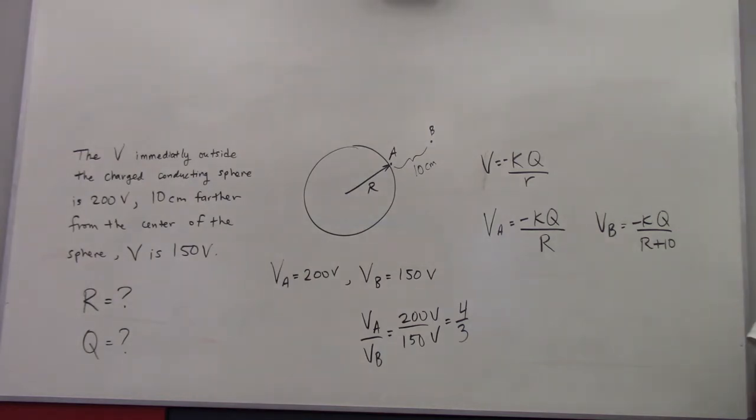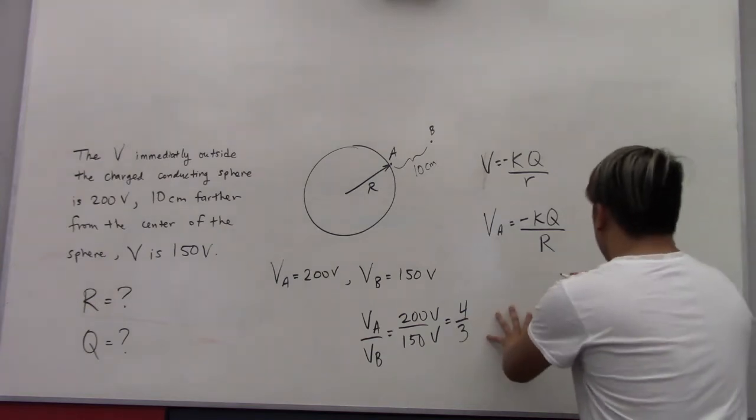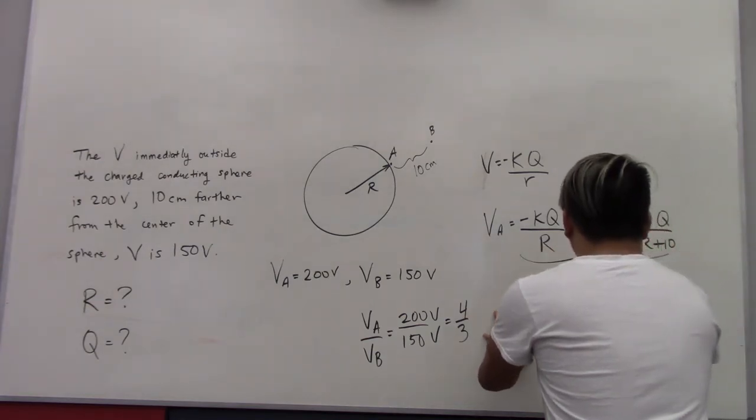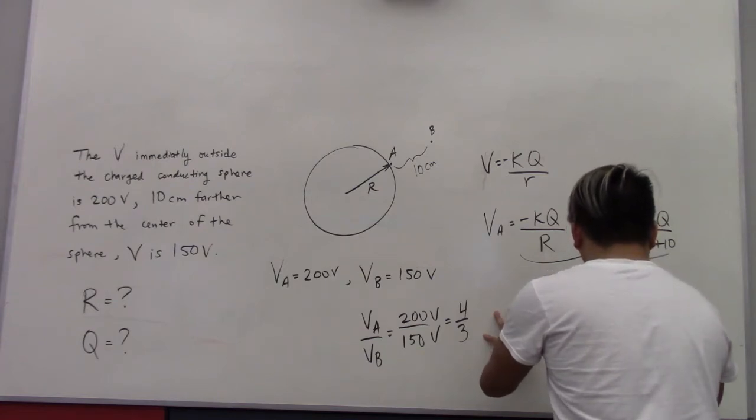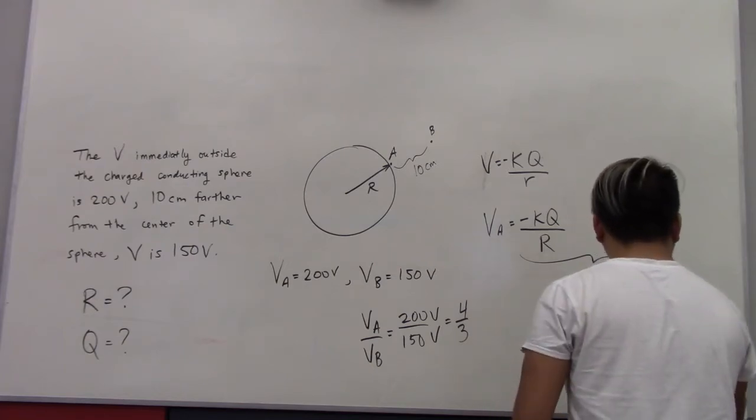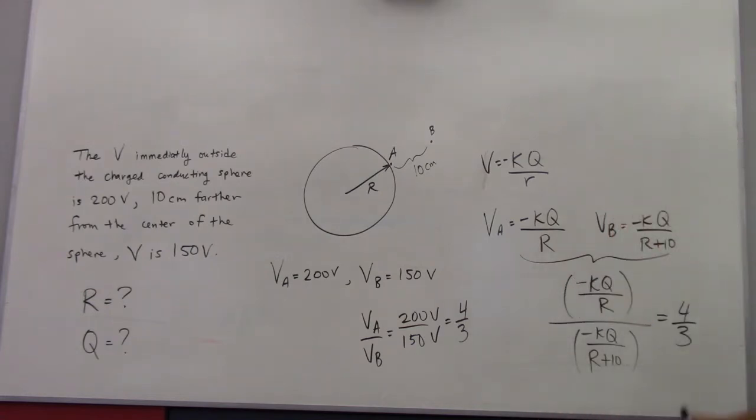That's the link. So let's write that together: negative KQ over R, over negative KQ over R plus 10. VA over VB must equal 4/3. Now I can cancel the negative KQ terms.